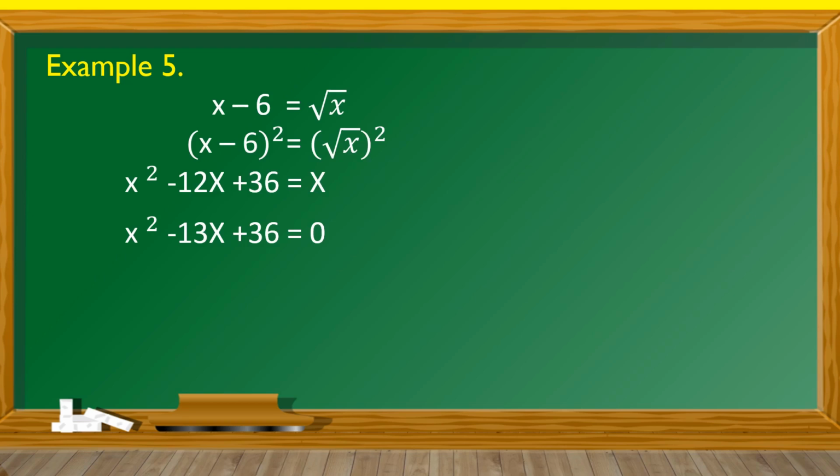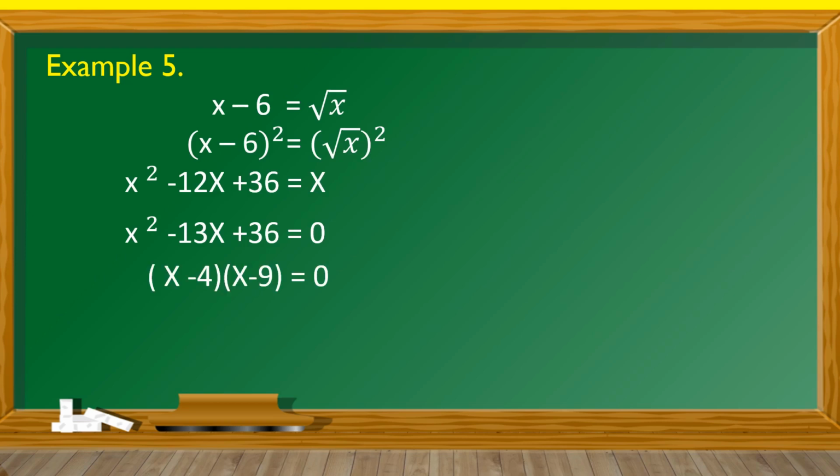So this equation is a quadratic equation. How do you solve quadratic equation? What are the ways in solving quadratic equation? So we can solve this either by factoring, by completing the square, or using the quadratic formula. So in this case, because this is factorable, let us apply factoring.